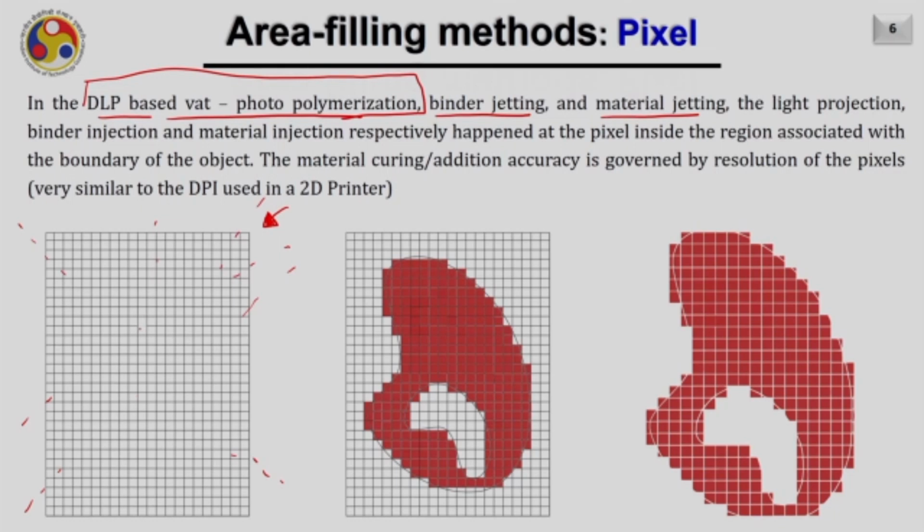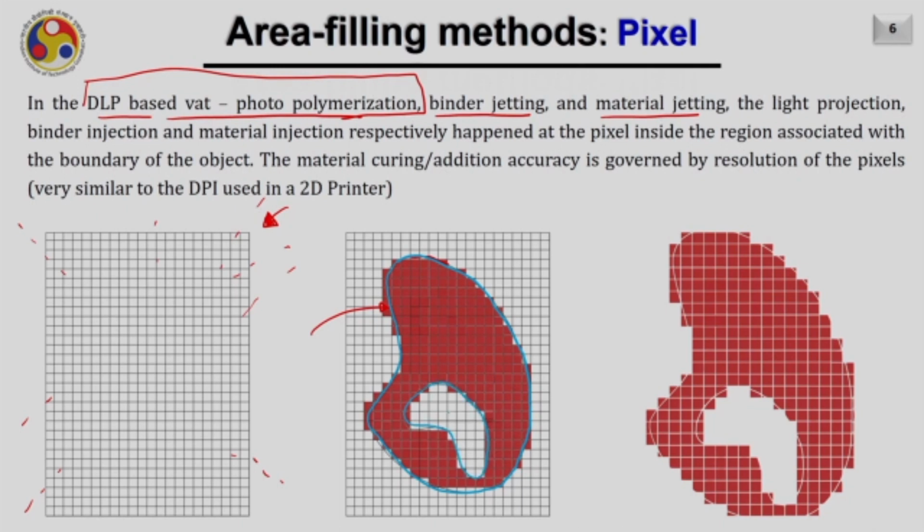Now only those pixels will be activated which fall inside the boundary we scanned through the slicing method. So as you can see, this boundary we have obtained through slicing, and the pixels falling inside this boundary are getting activated.